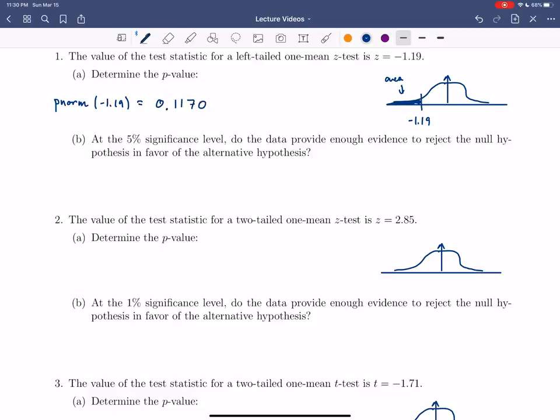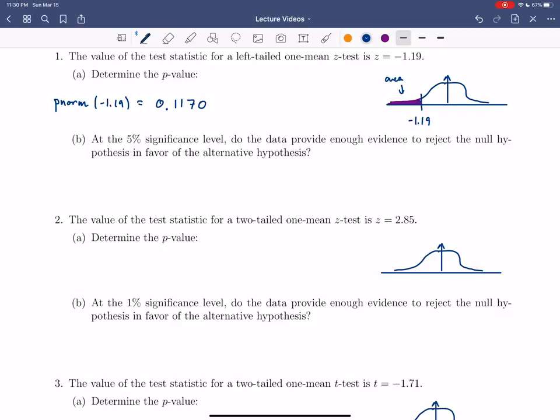I'm going to find my p-values to 4 decimal places. So my p-value is 0.1170. That says that this area over here, which I'm coloring in purple now, is 0.1170.